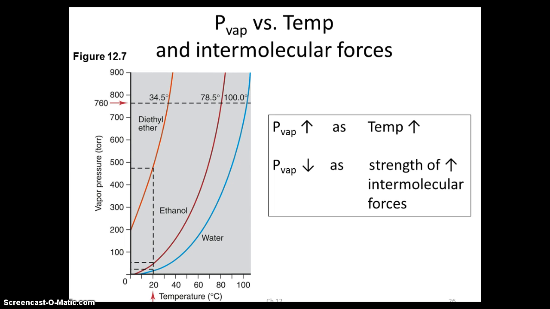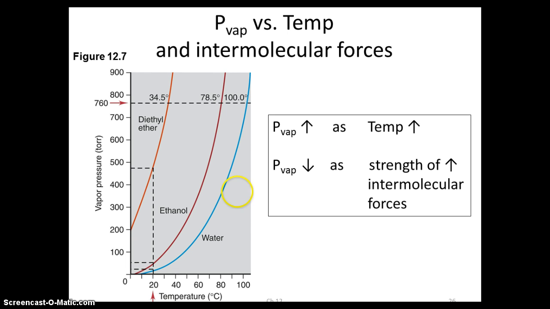If you think about it, the intermolecular forces are the things that keep those molecules close to one another. So when those intermolecular forces are stronger, things are going to want to stay in the liquid phase instead of going to the gas phase. That means there's not going to be as much in the gas phase, so it's going to lower the vapor pressure.